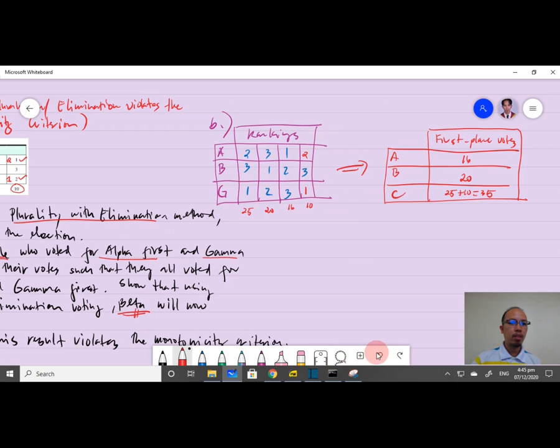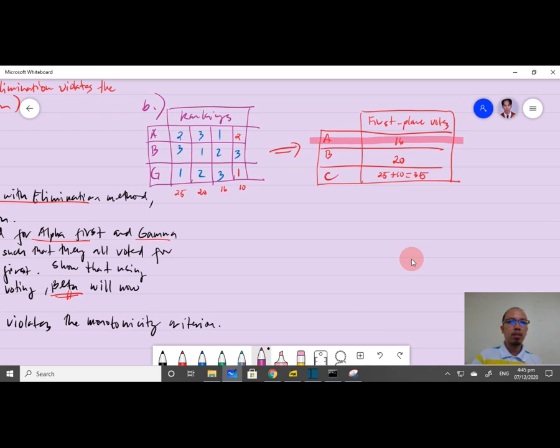So let's wait for the program to respond. Let's have here highlighter. So we have to eliminate this one here. Okay, and then let's put somewhere here eliminated. Okay, so let's make again a new table for beta and gamma.